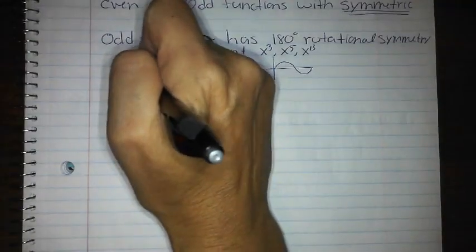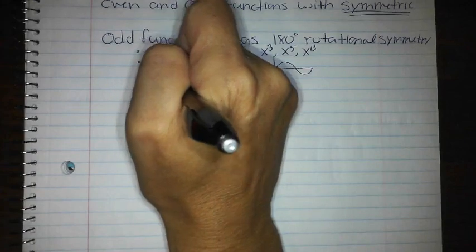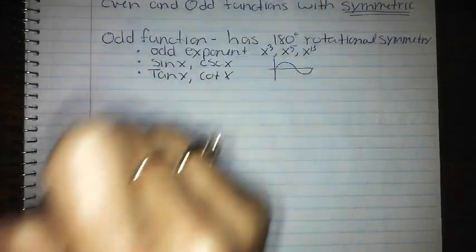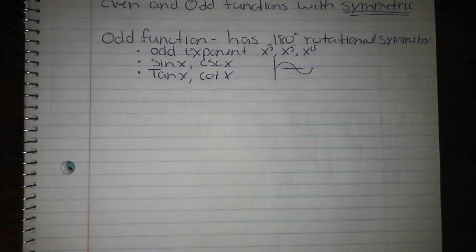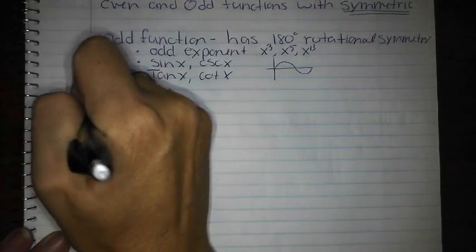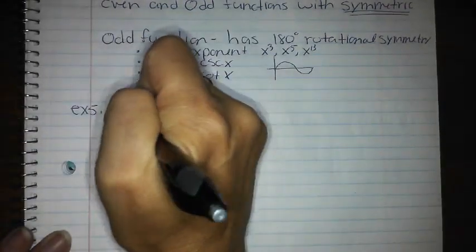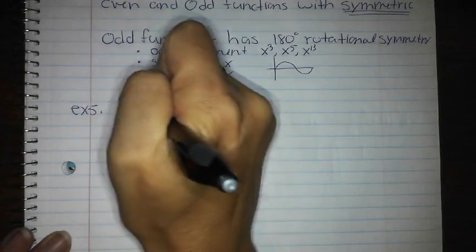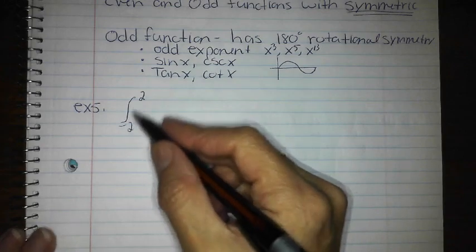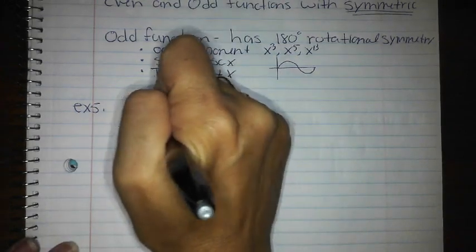Sine, cosecant, tangent, and cotangent are all odd functions. So we need to see what happens with odd functions. Negative 2 to 2. That's what we mean by symmetrical boundaries. One positive, one negative.